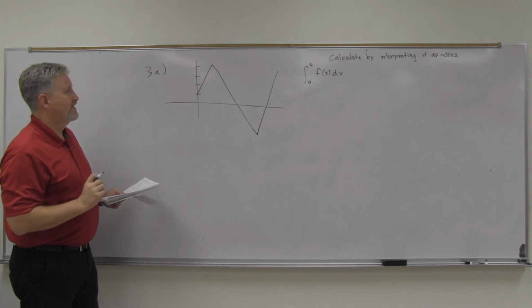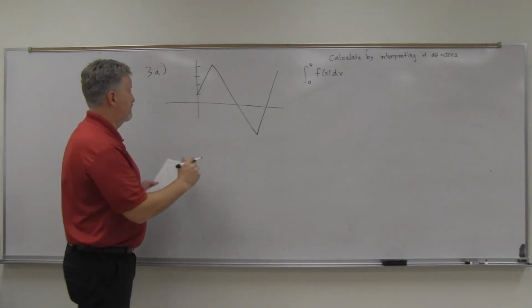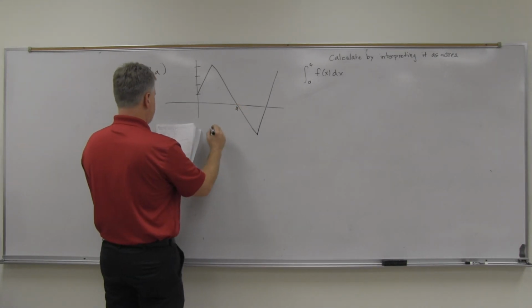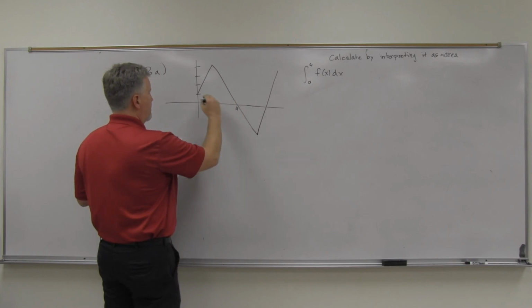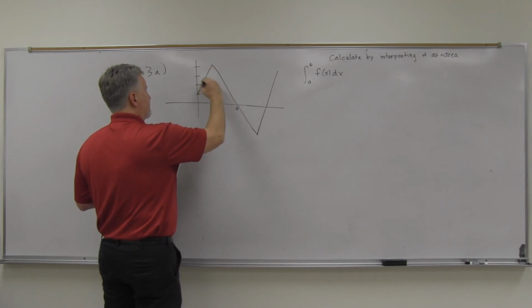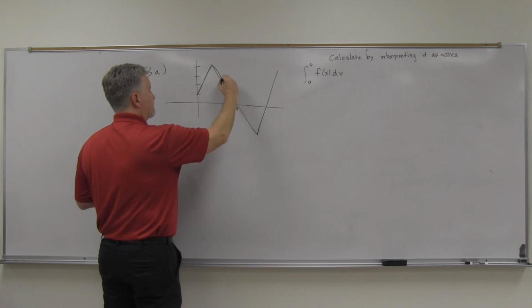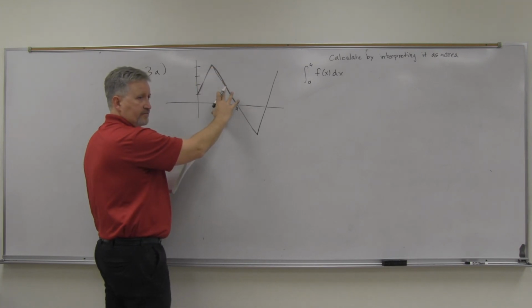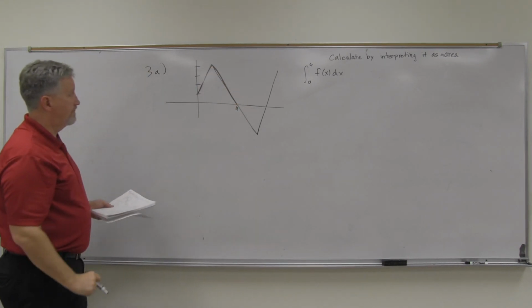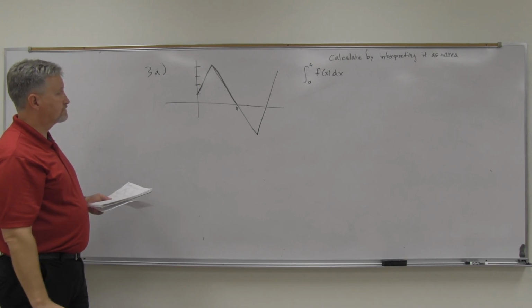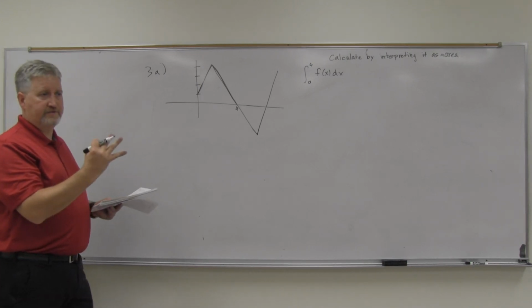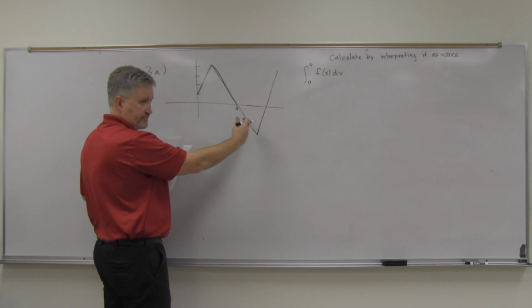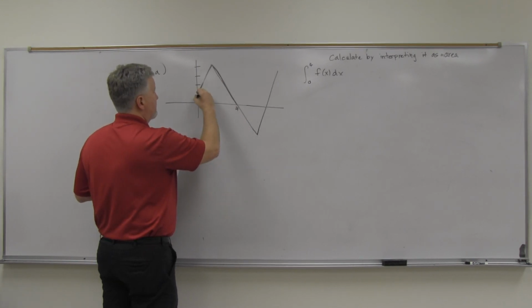Here's what I mean. In this case, I went 0 to 4, which 4 is right here. And so the integral I'm talking about, it's this area, isn't it? It's the area under this curve. Because it's straight lines, there are 3 parts to this area.